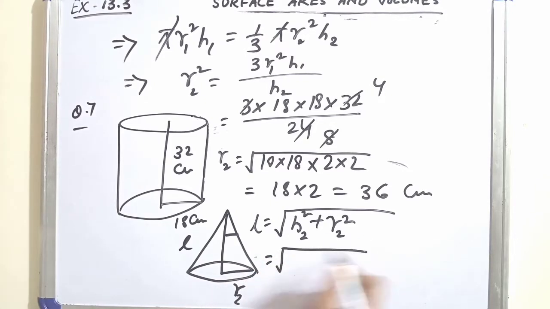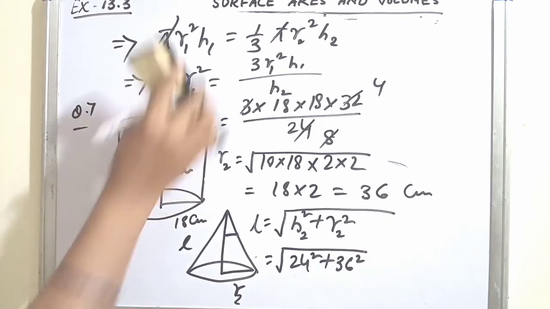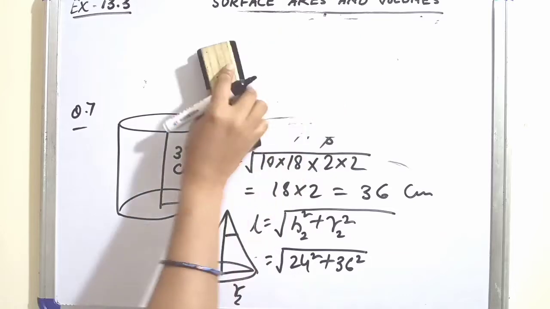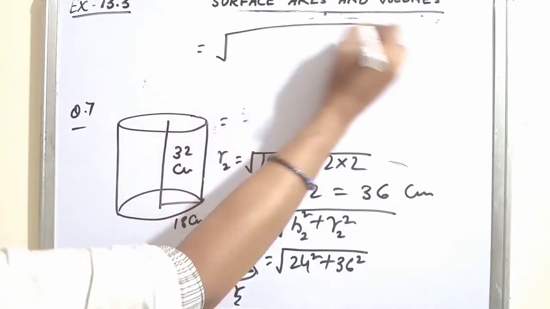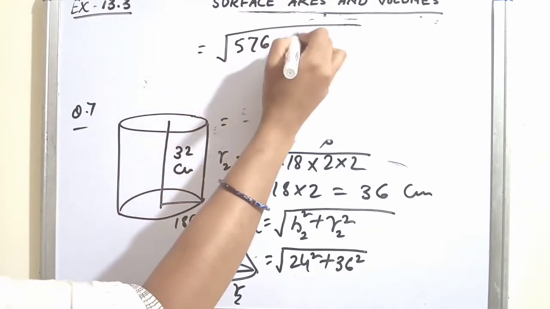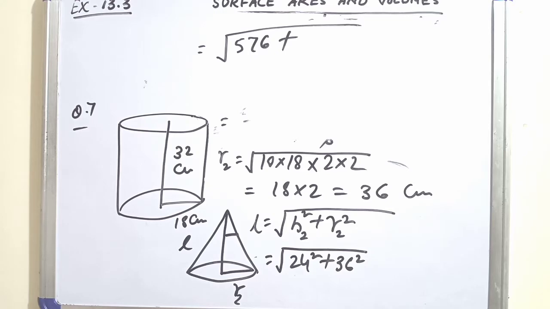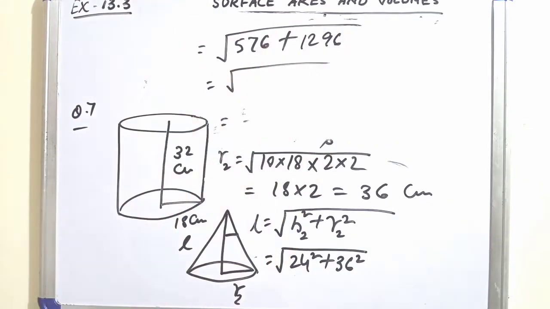Now just put the values: h2 means 24, so 24 square plus r2 means 36 square. 24 square is equal to 576, plus 36 square is equal to 1296. 576 plus 1296 is 1872.